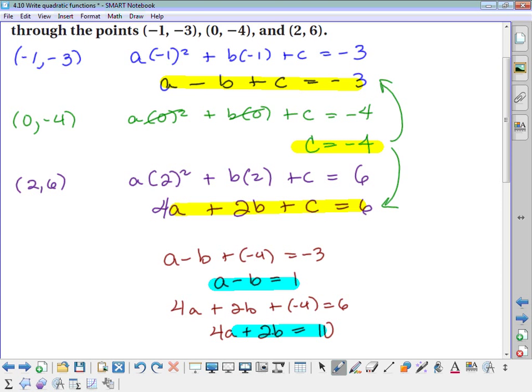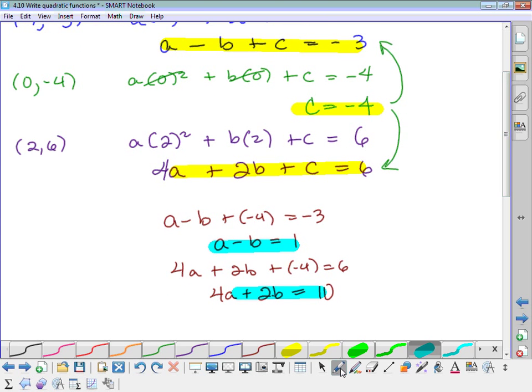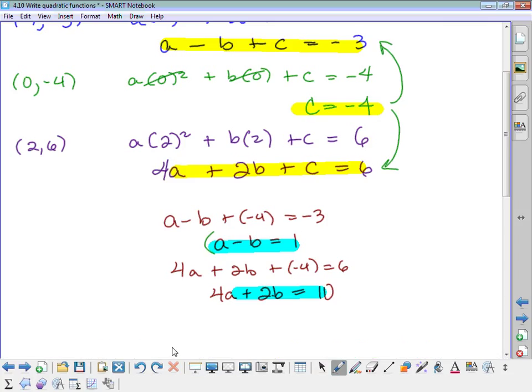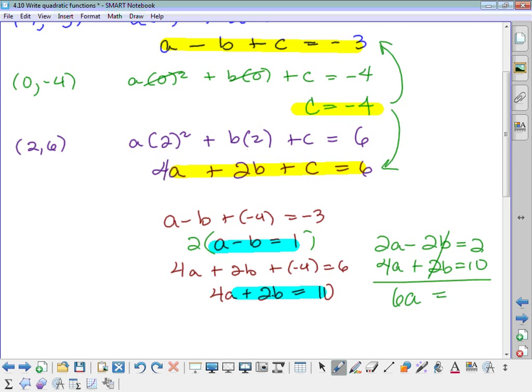So if I want to make my b's go away, I'm going to multiply the top equation by 2, and I'm going to get 2a minus 2b equals 2, and then I'll write my other one under it. 4a plus 2b equals 10. I get 6a, and then my b's cancel out, is equal to 12, and so I know a is equal to 2.